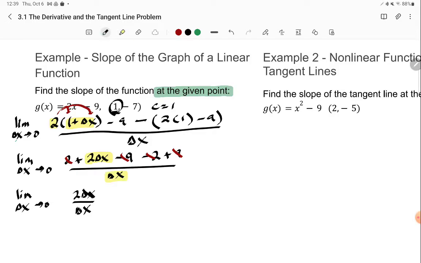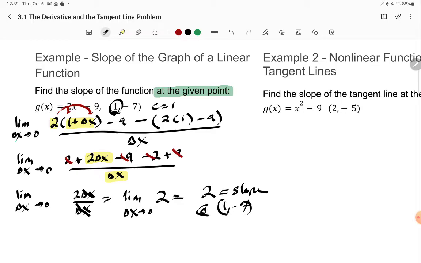Those actually cancel, giving you just a constant. So the limit as the change in x approaches 0 is a constant, and we learned that the limit of a constant is that constant. So that is the slope at the point 1, negative 7. That would be our final answer.